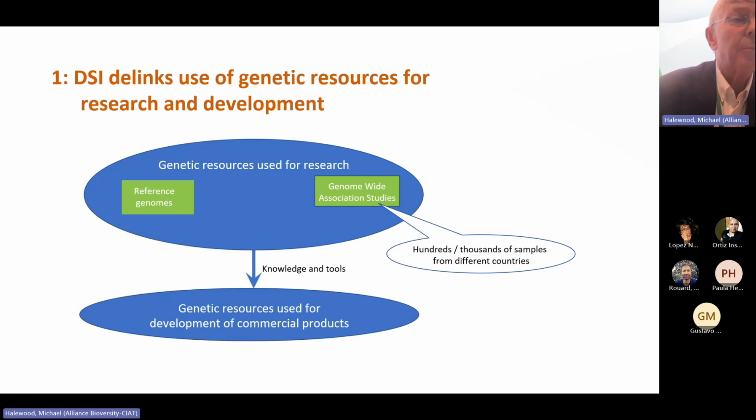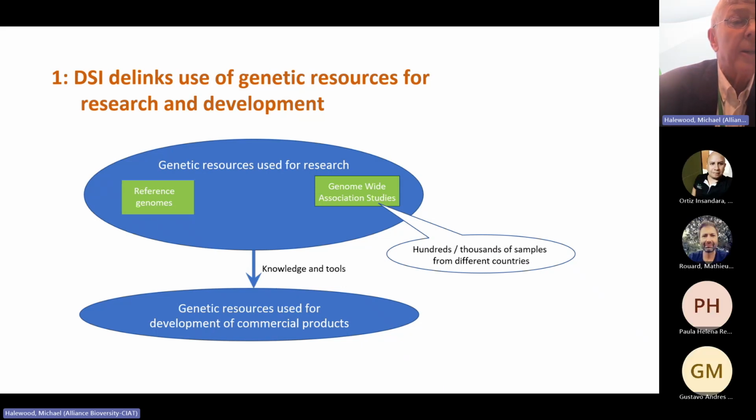As you've heard from the previous 2 talks, now the vast majority of genetic resources and associated information are used in the research phase to create the knowledge and tools that you need to develop products.